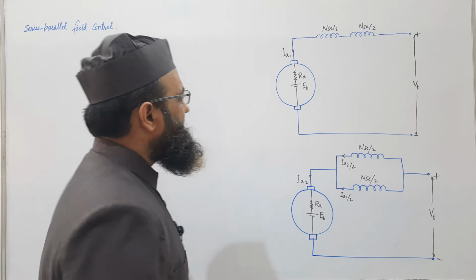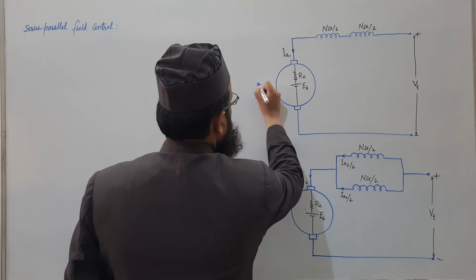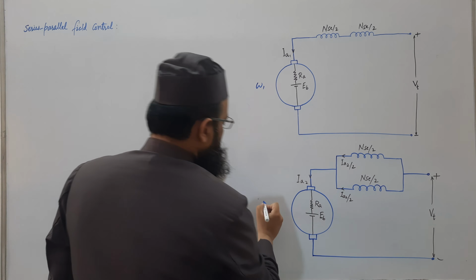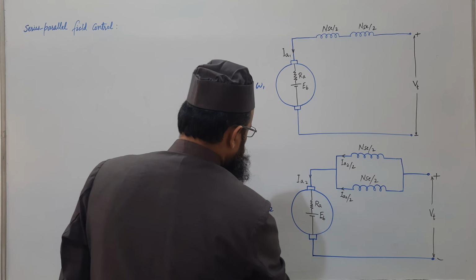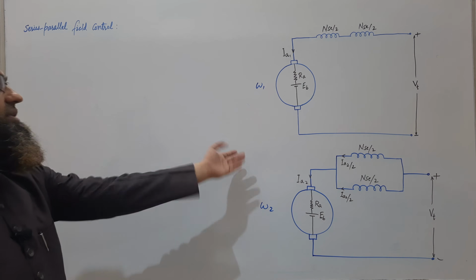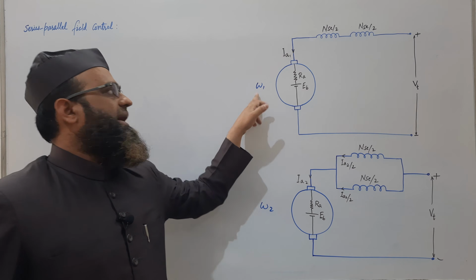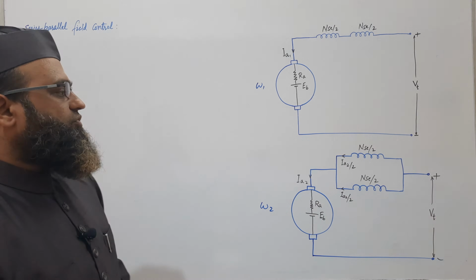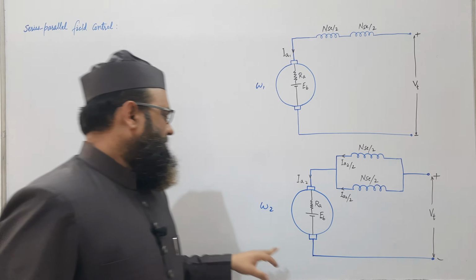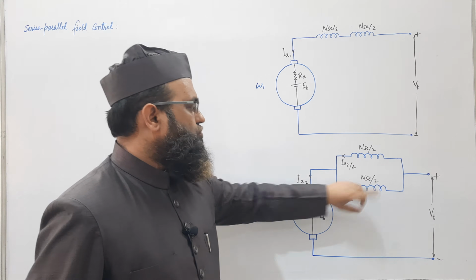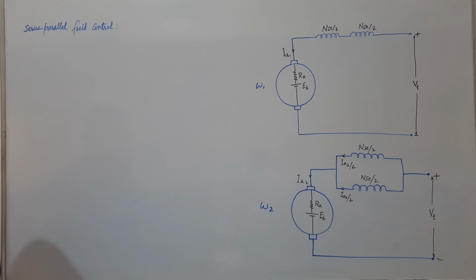So how speed is affected by this connection we are going to discuss now. Let us represent the speed corresponding to series connection by omega 1 and the speed corresponding to the parallel connection by omega 2. Fine.